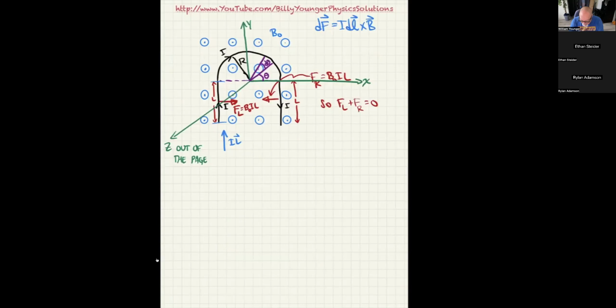So the bottom purple line is at an angle theta, and the top purple line is at an angle theta plus d theta. And the reason I do that is because the dL now, I'm making that really, really small to make sure that I'm covering exactly the right amount. That vector right there is dL.